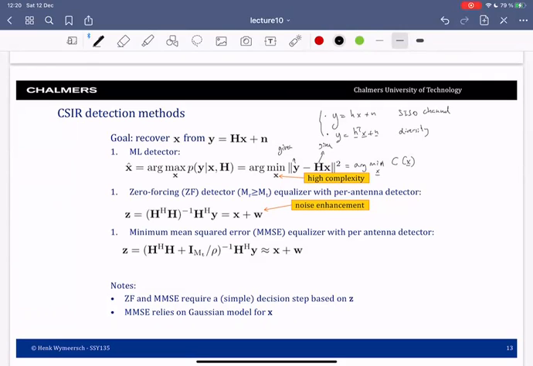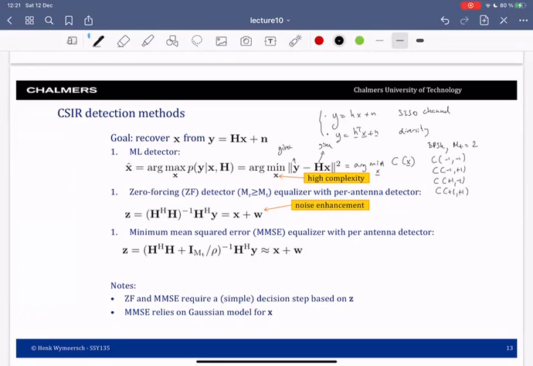Now the problem is that the complexity of this approach is quite high. Let's suppose that we have BPSK and two transmit antennas, so MT is equal to 2. Then we will evaluate C of -1, -1, -1, +1, +1, -1, and C of +1, +1.